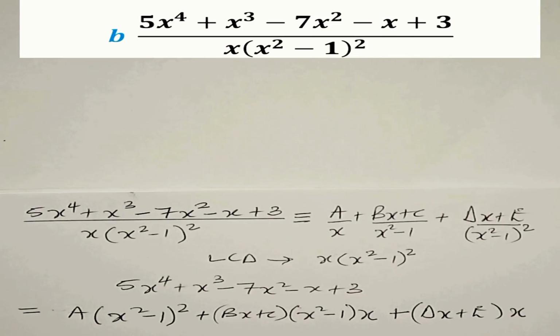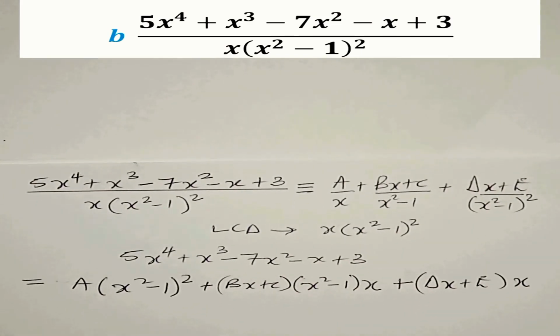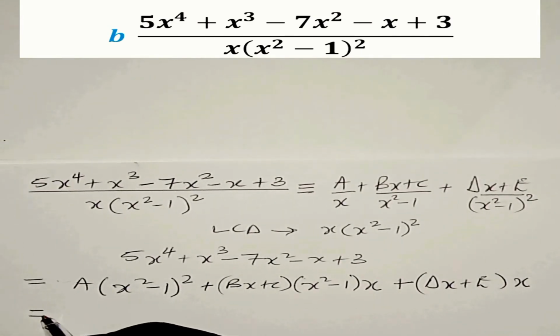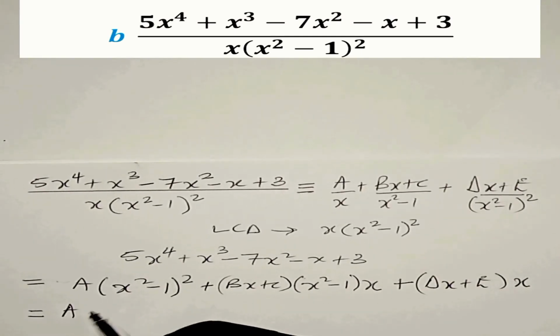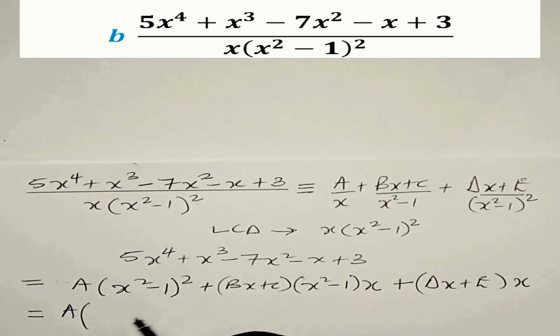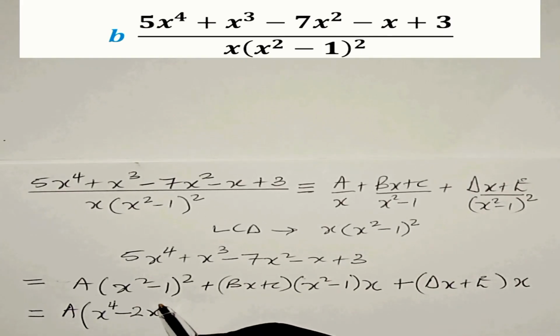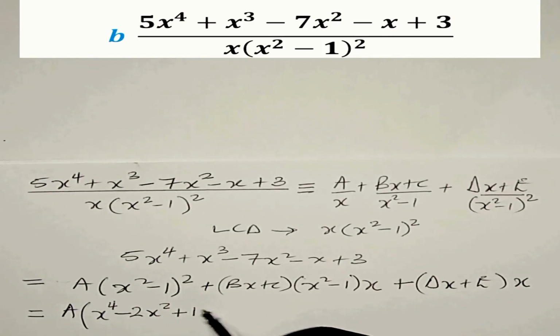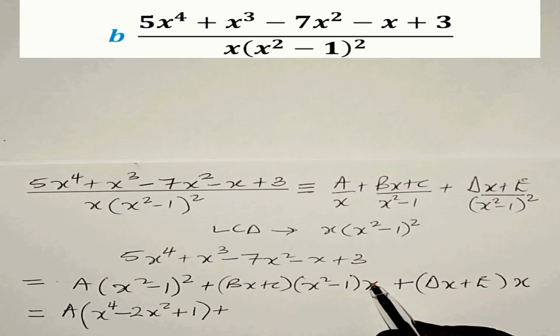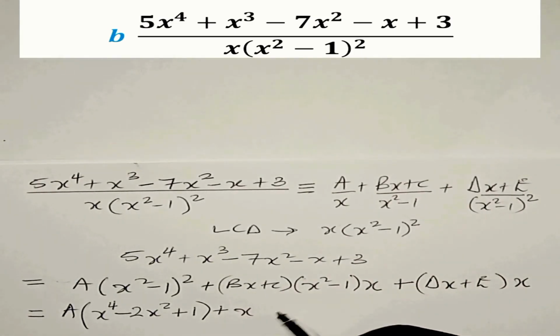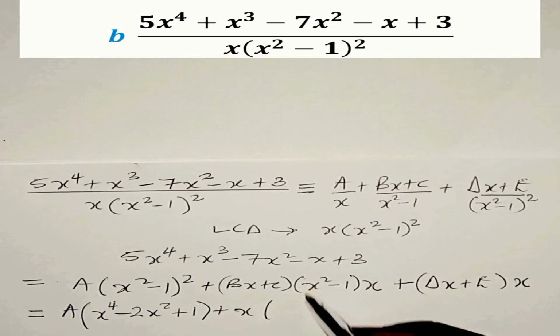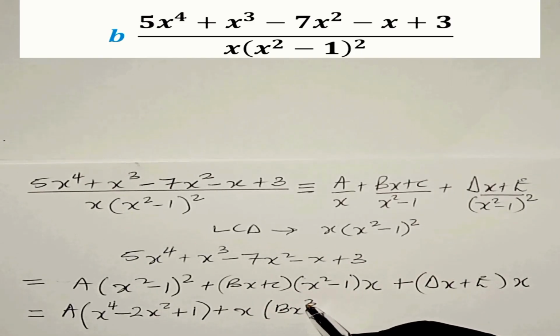All right. Now let's expand what we have. So this is equal to that, and it is also equal to a, when you expand what we have here, you have x to the power of 4 minus 2x squared plus 1, and then you say plus, I can just take this x to this side, so we have bx times that, you get bx to the power of 3.